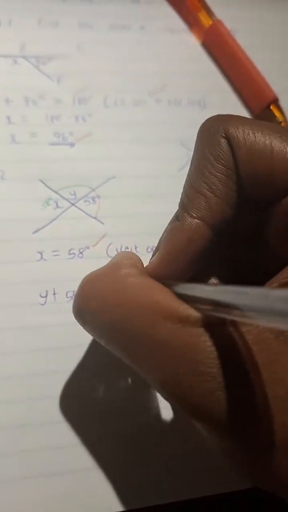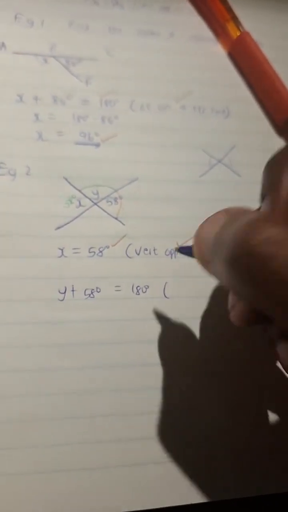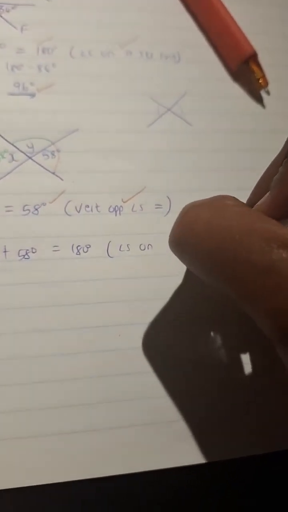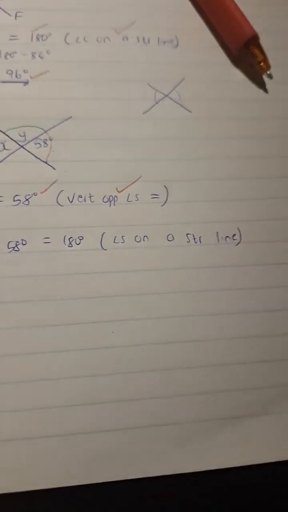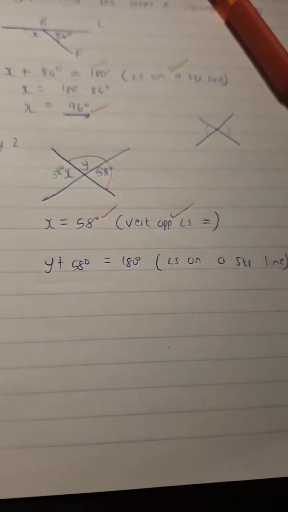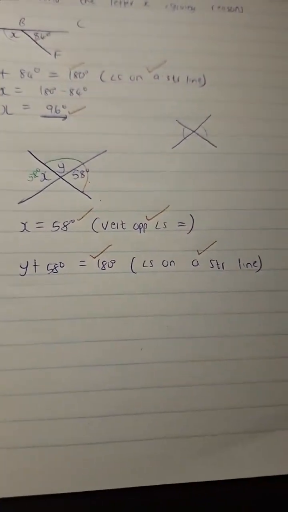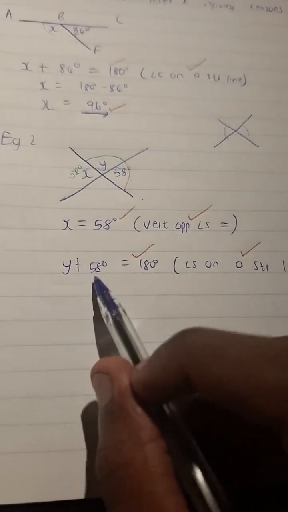So we say y plus 58 degrees is equal to 180. Reason: angles on a line.